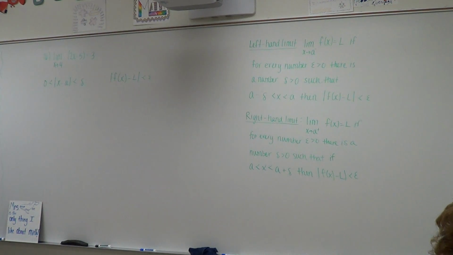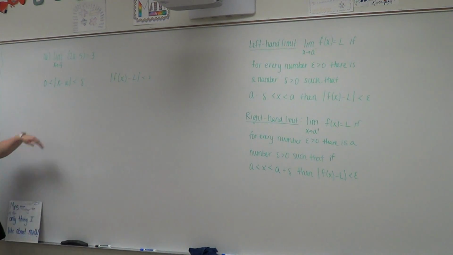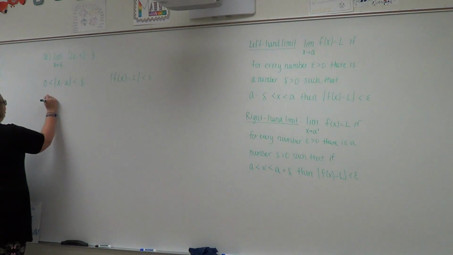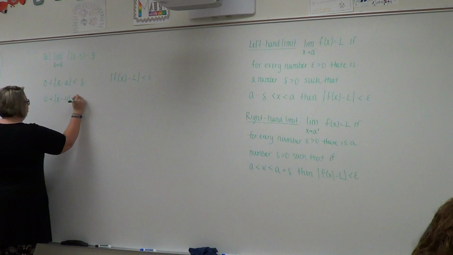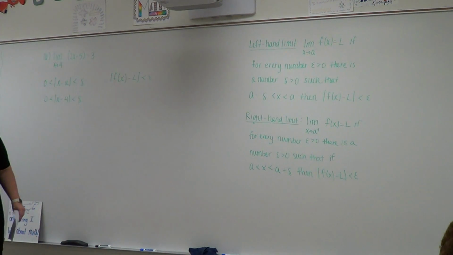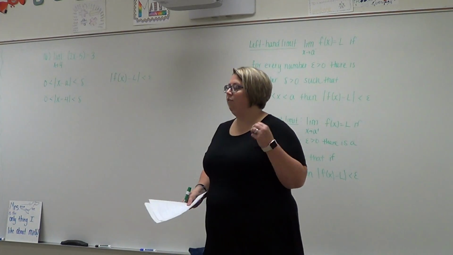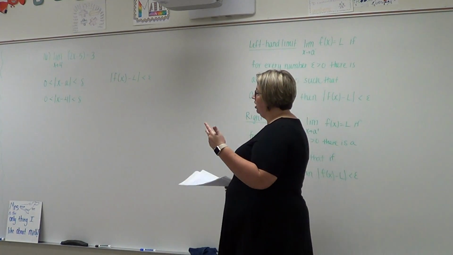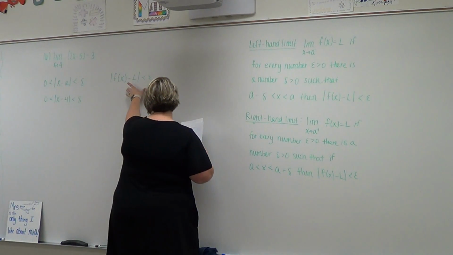Okay, so what's my a? 4. So I don't know what delta is. I know my a is 4. How do we know that's the part of the precise definition that we use? Because that's what it says to do in the definition. So if you want to prove it's true for any delta greater than 0 and any epsilon greater than 0, then it says if this, then this.